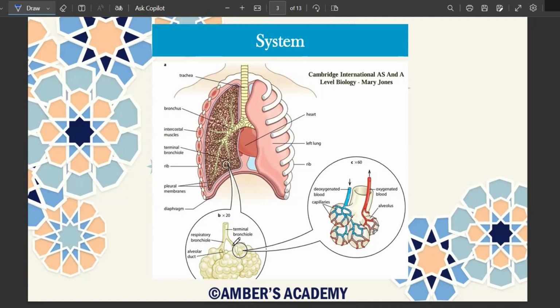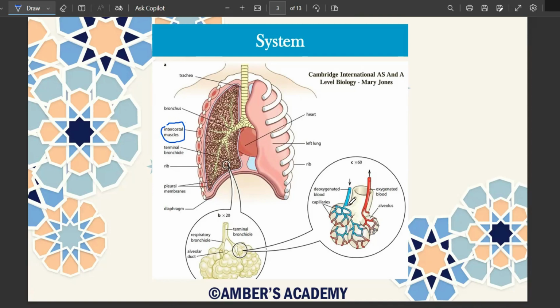They also ask you which muscles are involved in the gaseous exchange system. You need to mention the internal intercostal and external intercostal muscles. Then you need to understand that we have pleural membranes which surround the lungs, and that the alveoli are the site where gaseous exchange takes place.